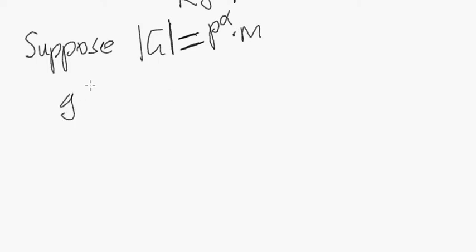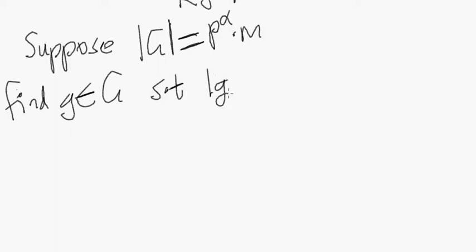So let's suppose that the order of G actually still equals p to the alpha times m. Well, can we find little g? Let's find little g in G such that the order of little g equals p to the alpha, right?